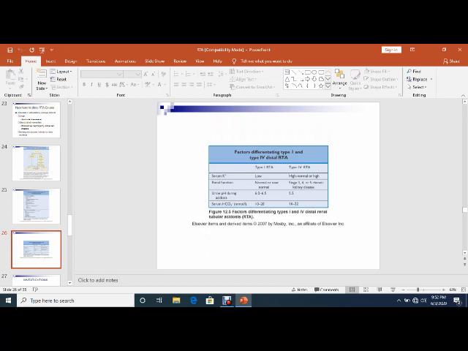So this slide shows the factors that differentiate type 1 and type 4 RTA. In case of type 1 RTA, check the serum potassium, that will be low. But in case of type 4 RTA, it is normal or high.